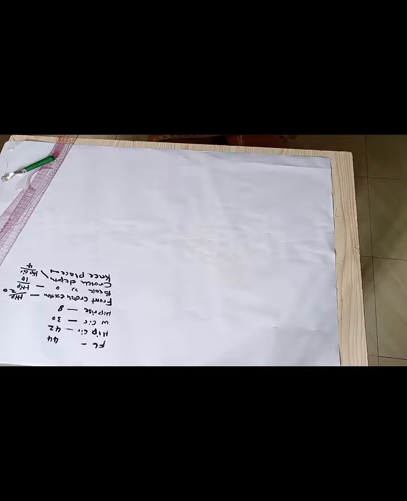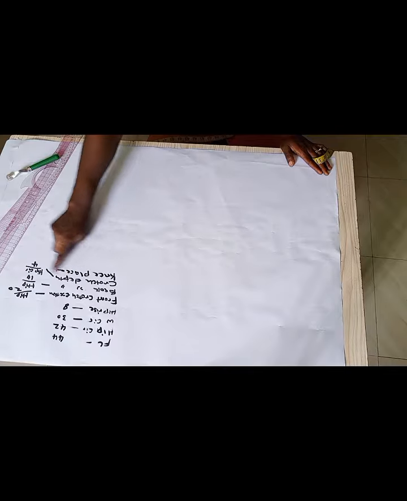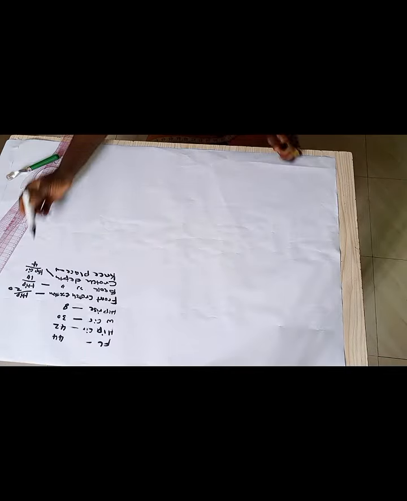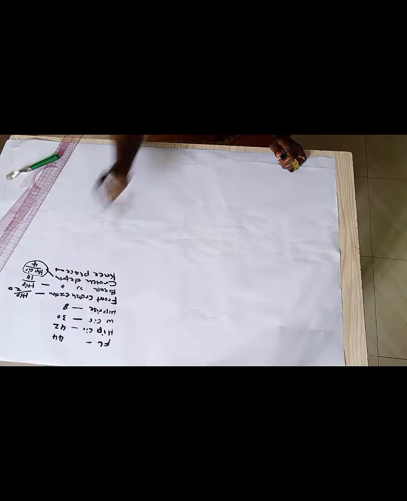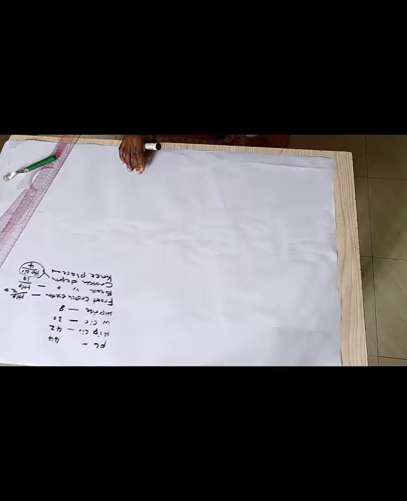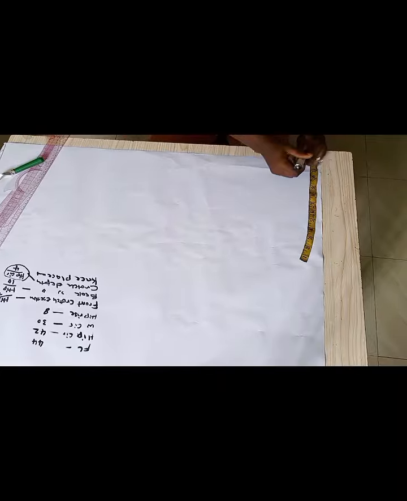To draft your front pattern, you first of all use your crotch depth measurement. As you can see, the formula for crotch depth is hip circumference divided by 4. My hip circumference is 42. Dividing 42 by 4 gives me 10.5. So I'll be using that 10.5 to form a square. Look at what I mean.